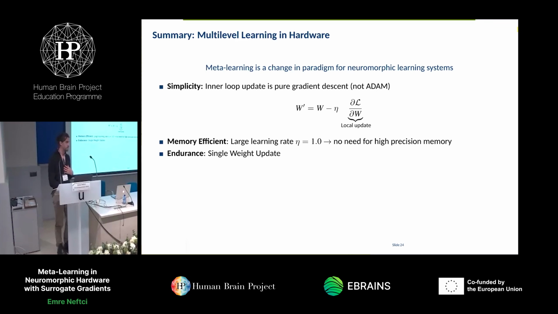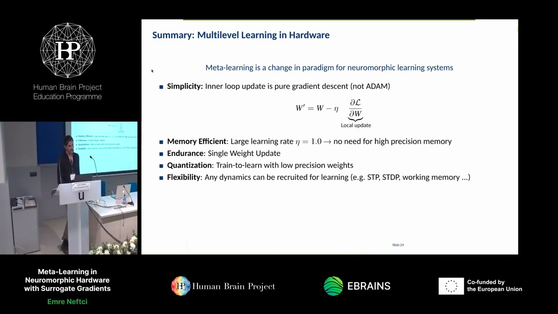Endurance, this is a problem for hardware. It's a single weight update, so you're not going to have problems of the device wearing down. Quantization: we can also train to learn with quantized weights. So if I know my weights are 5 bits, I can train to learn with 5 bits, further simplifying the learning rule.